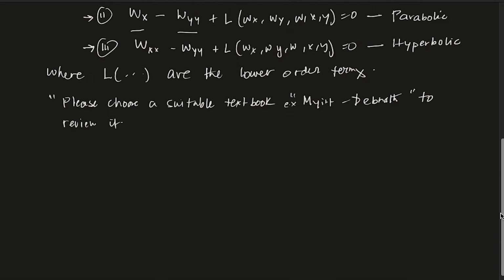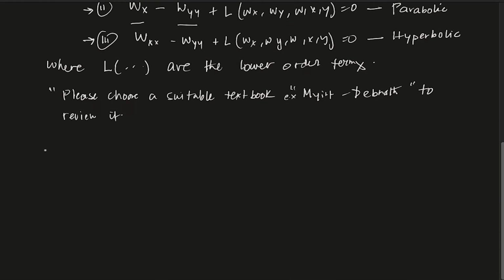Okay, so let us start first of all with an example. So we define L of u. This is what I mean by an operator. Define L of u to be uxx plus uyy.